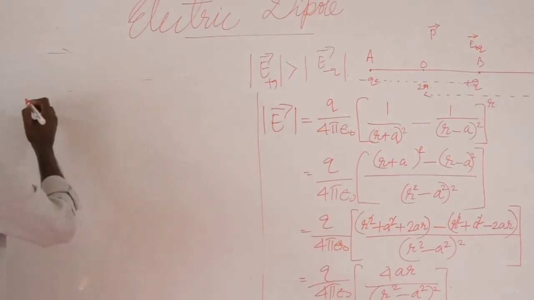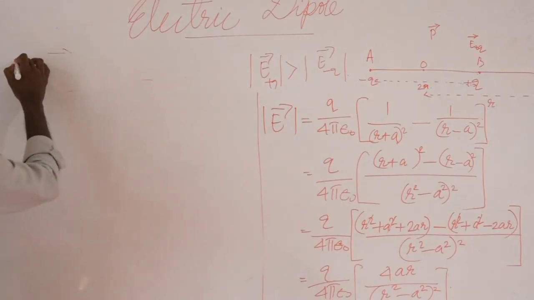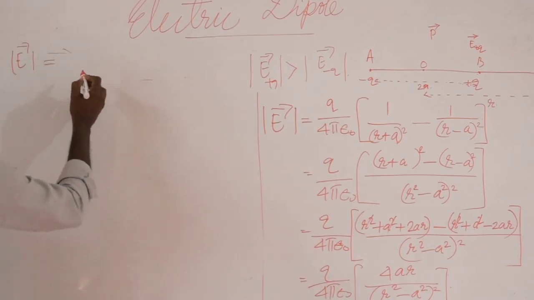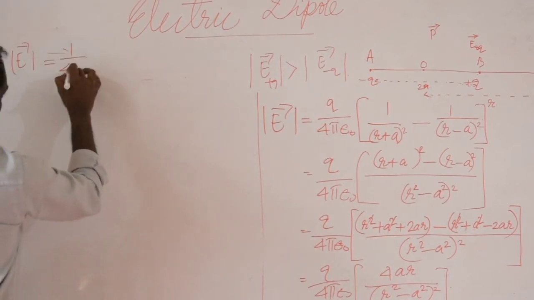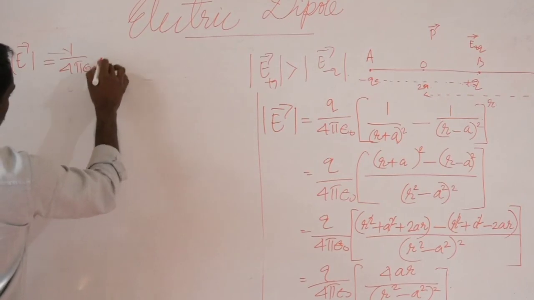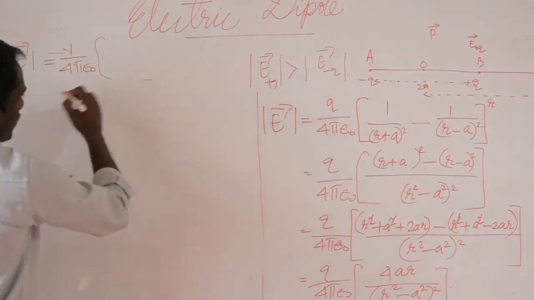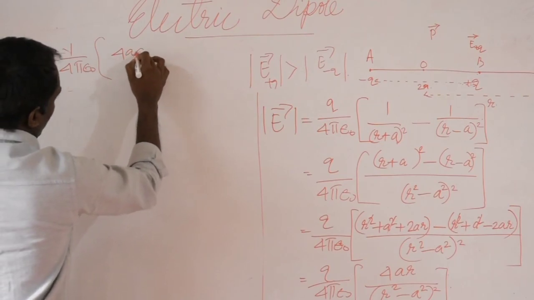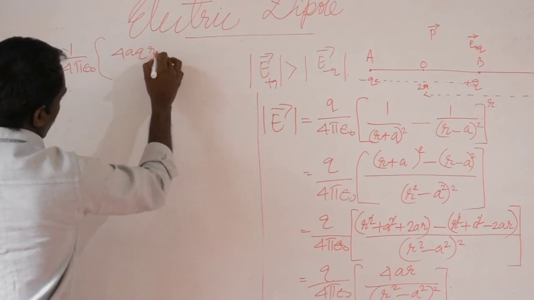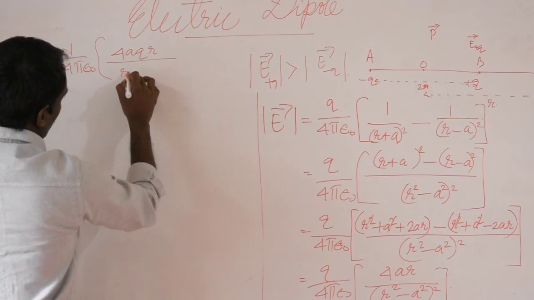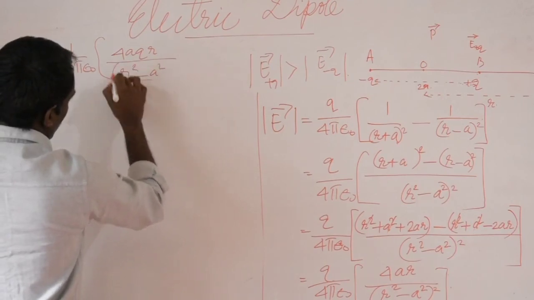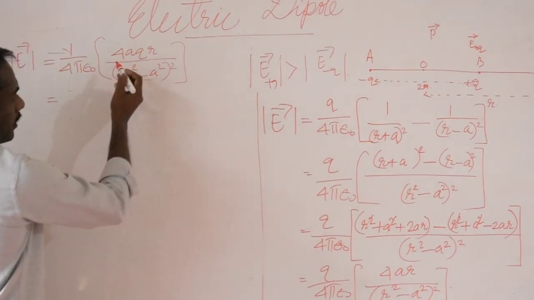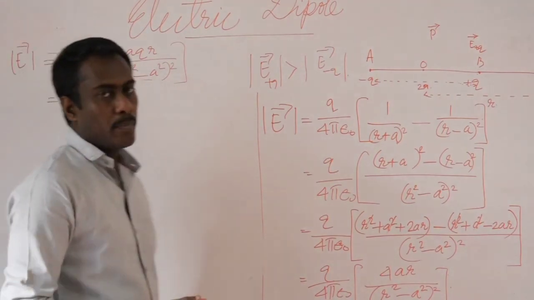Now this can be written as E equal to 1 by 4 pi epsilon 0 into, and Q can be taken inside, 4AQR divided by (R square minus A square) whole square, and this relates to the dipole moment.